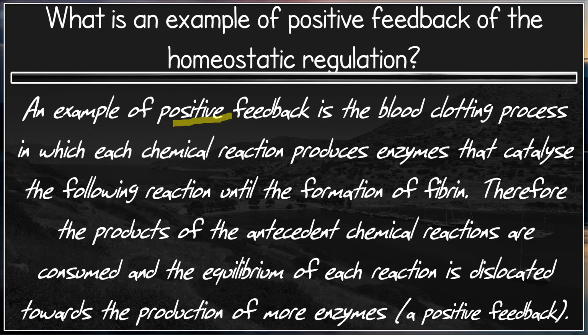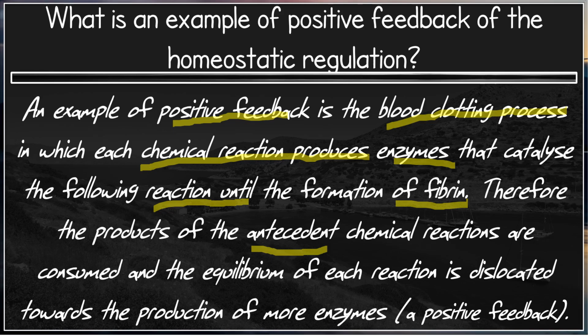An example of positive feedback is the blood clotting process, in which each chemical reaction produces an enzyme that catalyzes the following reaction until the formation of fibrin. Therefore, the products of the antecedent chemical reactions are consumed, and the equilibrium of each reaction is dislocated towards the production of more enzyme. That's positive feedback.